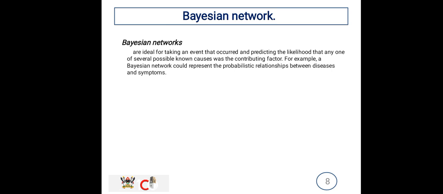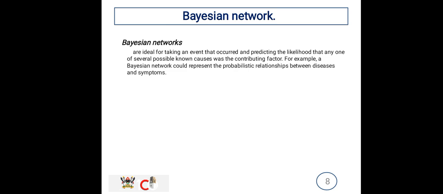The Bayesian networks are ideal for taking an event that occurred, something that already happened, and predicting the likelihood that any one of several possible known causes was the contributing factor. Hope you understand that.